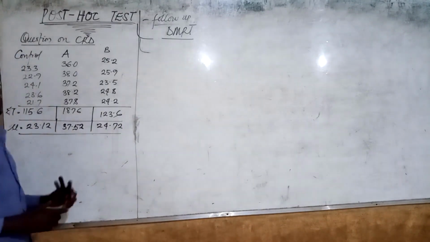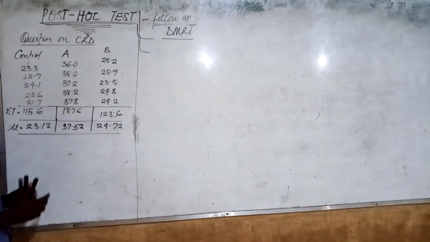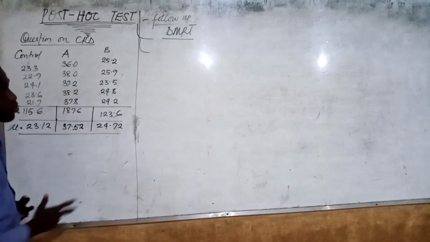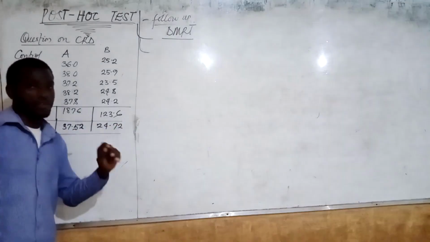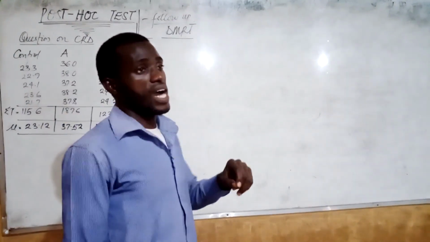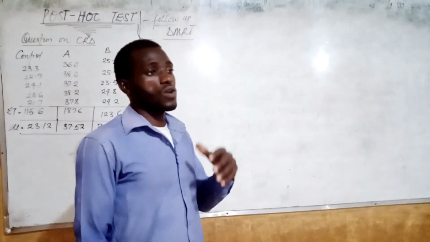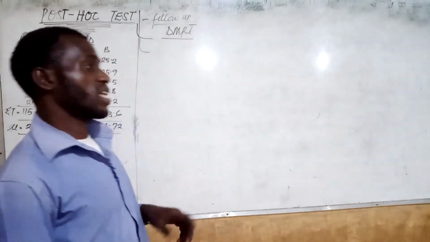The first thing to do using DMRT is to rank your means. There are two types of ranking you do. You rank the means themselves, and you also rank for the DP values.